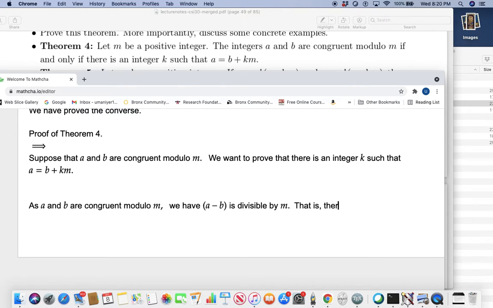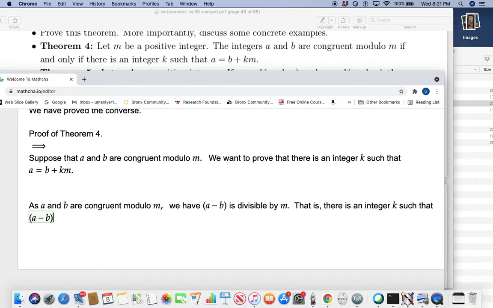That is, there is an integer k such that a minus b is m times k. Therefore, a equals b plus m times k, which is what we wanted to prove. Okay, so we have proved this direction of the theorem.